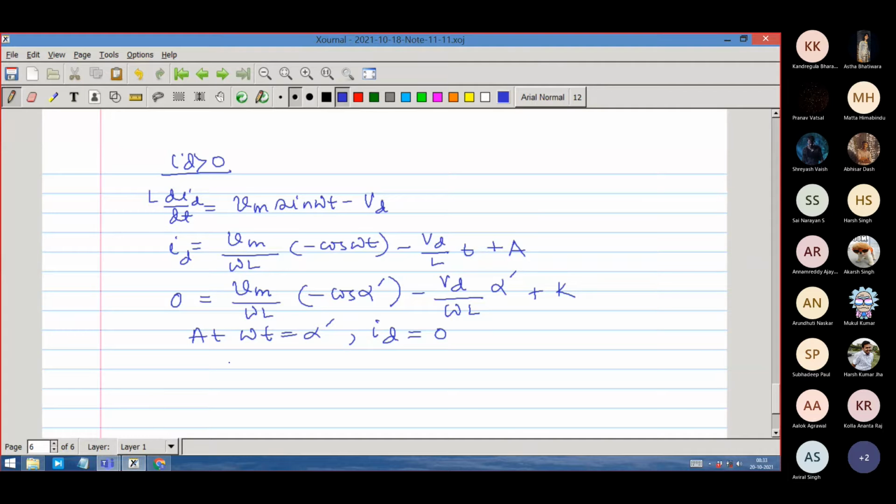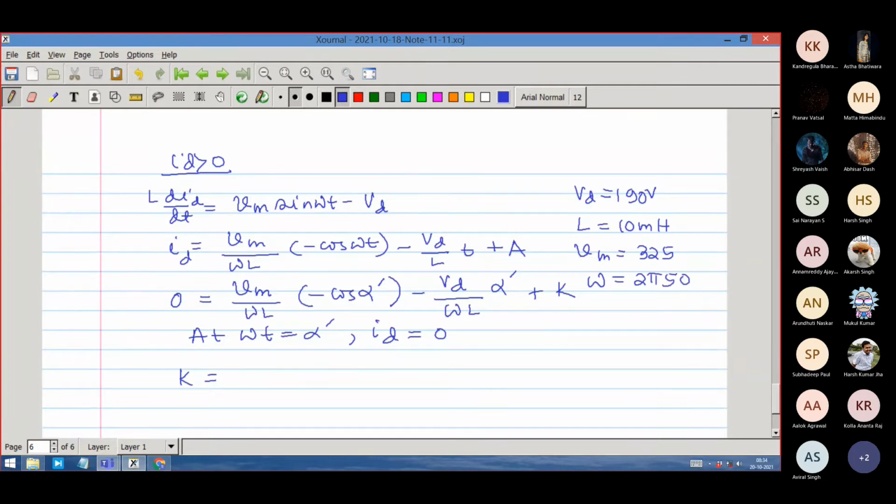From that, we'll get k from here because everything else is known. I have already calculated alpha dash. I know L is 10 millihenry. I know Vd is equal to 190 volt, L is equal to 10 millihenry, and Vm is equal to 325, and omega is equal to 2 pi into 50.